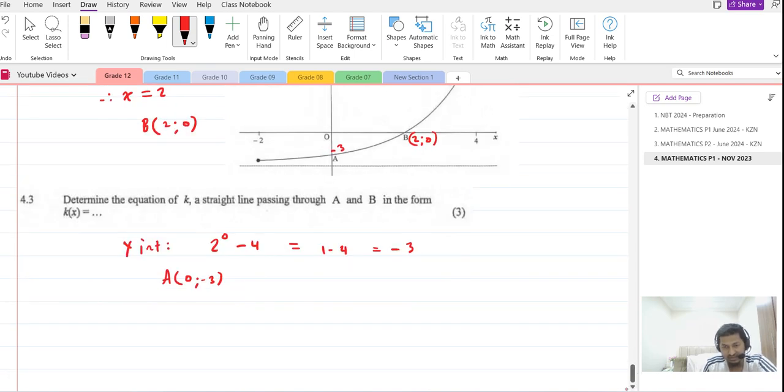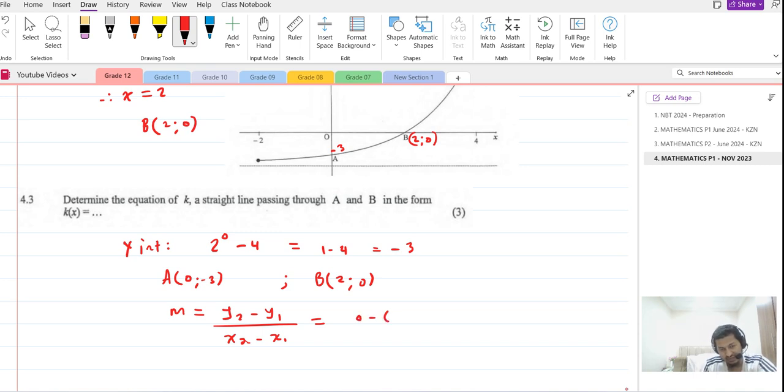So -3 is also the y-intercept. All we need to find is the gradient. A is (0, -3) and B is (2, 0). The gradient is y2 minus y1 over x2 minus x1. Taking A as x1, y1 and B as x2, y2: 0 minus -3 divided by 2 minus 0.